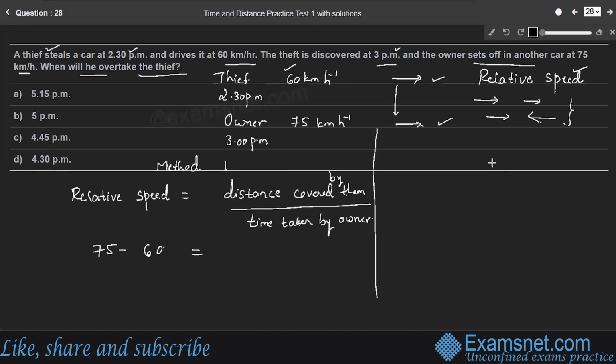So he started at 2:30 p.m., right? By 3 p.m., he covers some distance. The distance covered by them will be, distance is always speed into time, so the speed of the thief into the time taken by him to cover that distance, divided by the time taken by the owner.